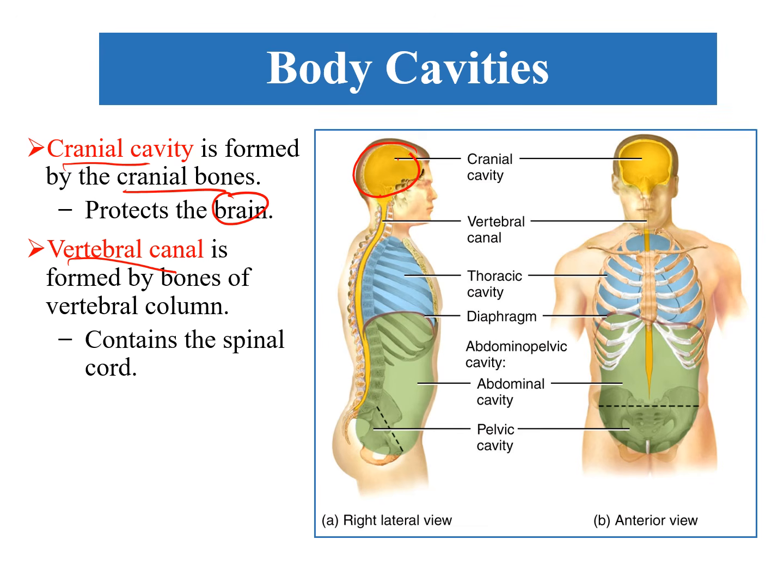The vertebral canal, which is continuous with the cranial cavity, contains and protects the spinal cord. It is formed by the bones of the vertebral column, which we will also discuss further under the skeletal system. For now, it is important to understand that the dorsal cavity is made up of the cranial cavity and the vertebral canal, which are continuous with one another.